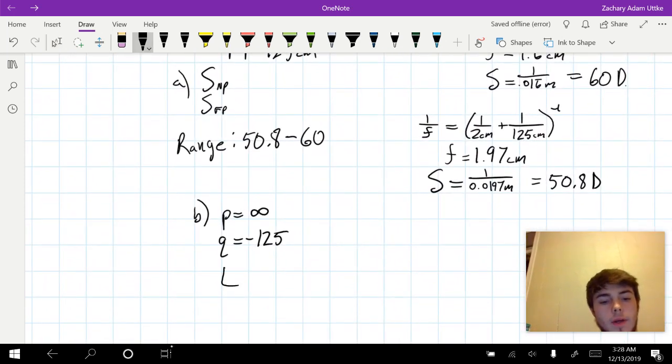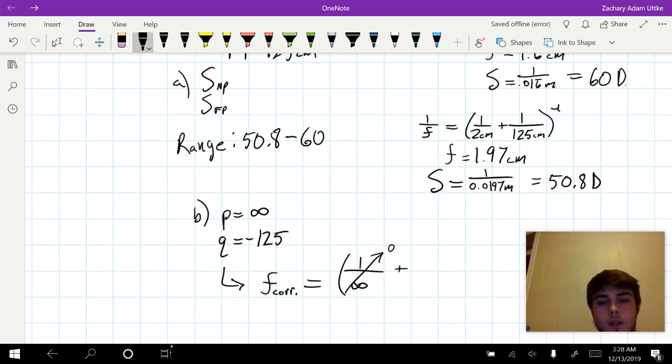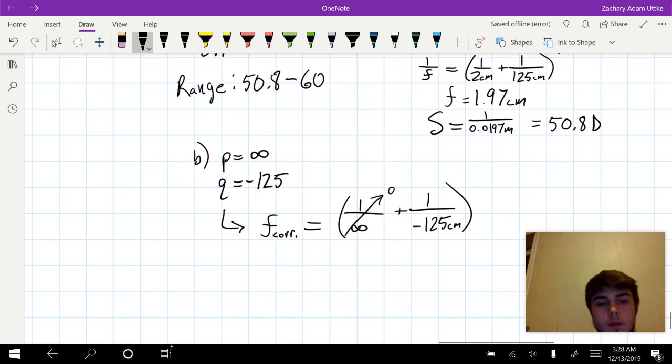So in this case, we can find the focal length of the corrective lens to be 1 over infinity, which is just 0, plus 1 over negative 125 centimeters, inverted. So F corrective, the focal length, is negative 125 centimeters, or negative 1.25 meters.